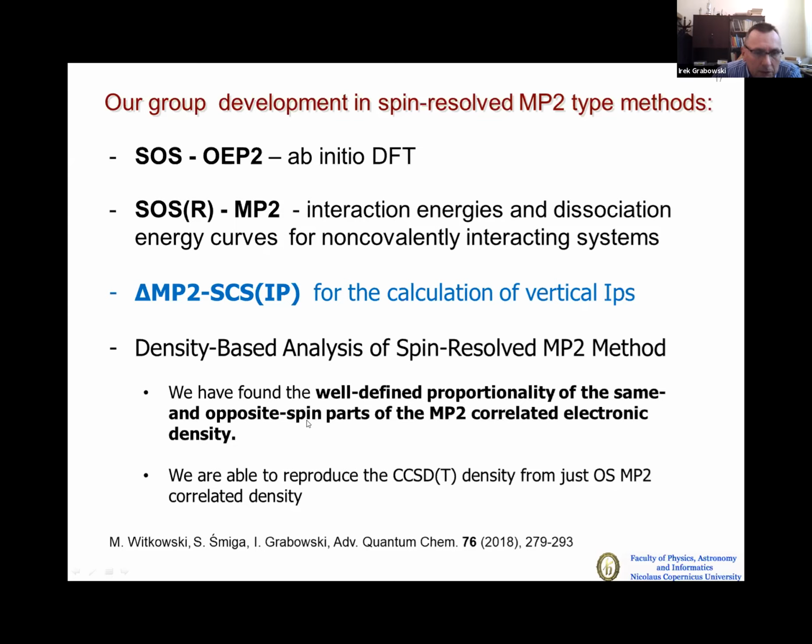We were also able to reproduce the CCSD(T) density from just the opposite spin part of the MP2 correlated density. It was published two years ago.